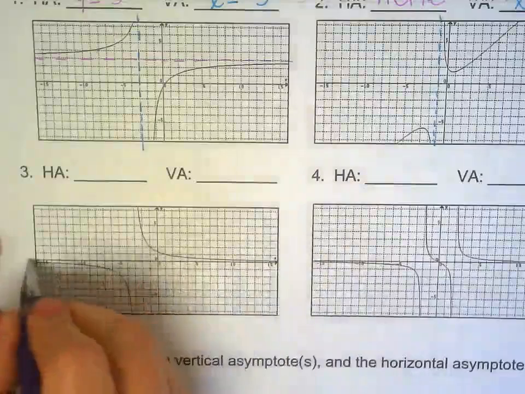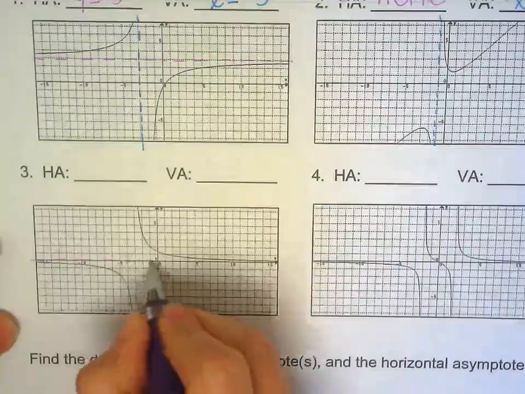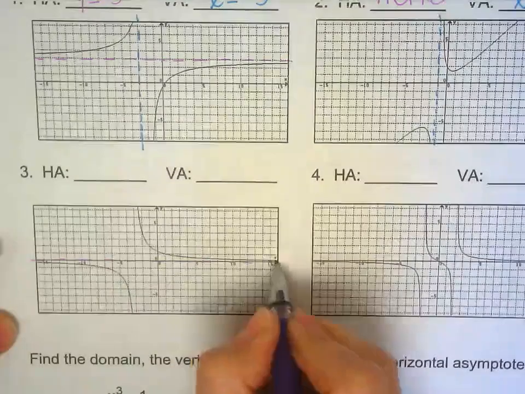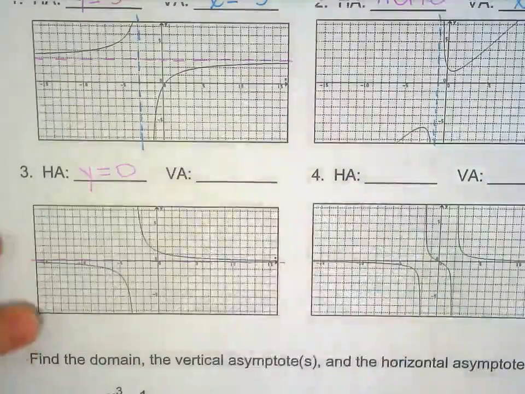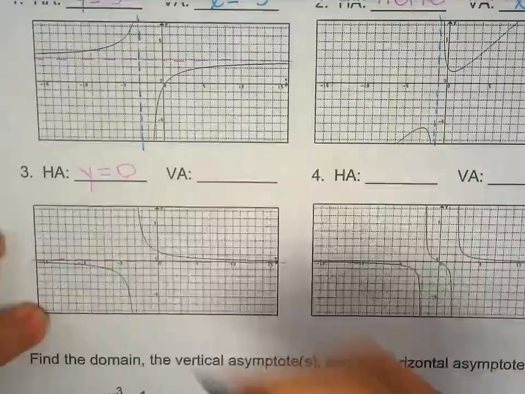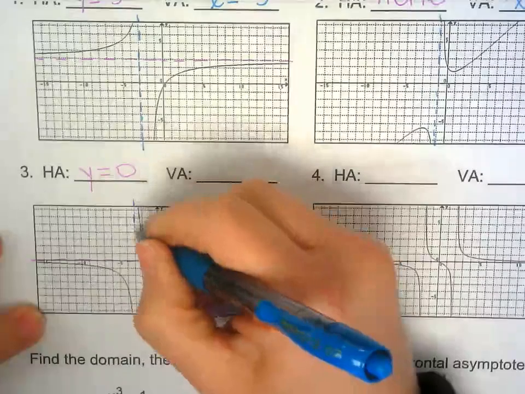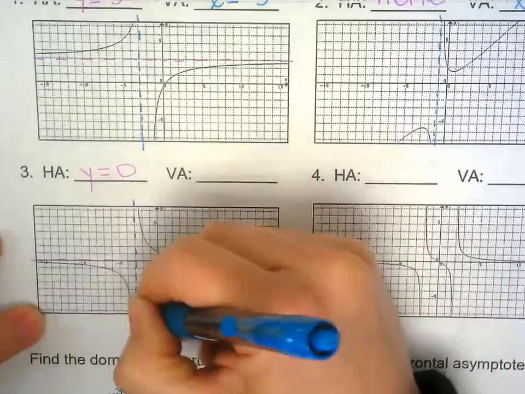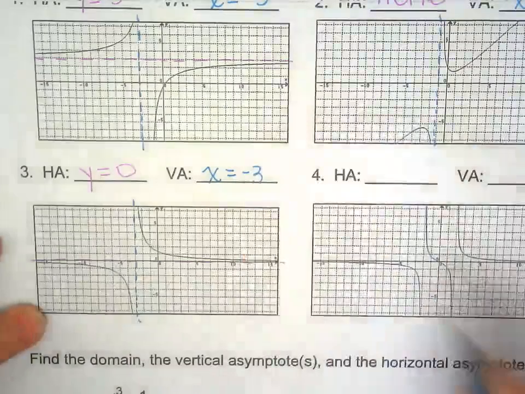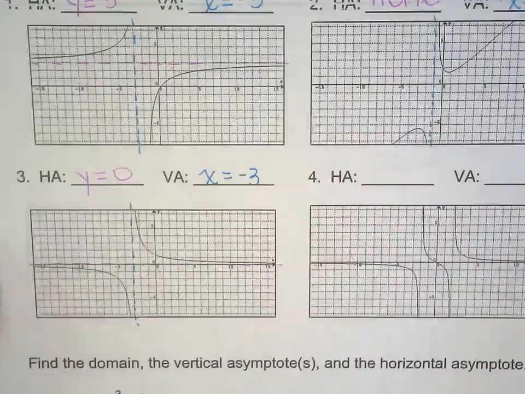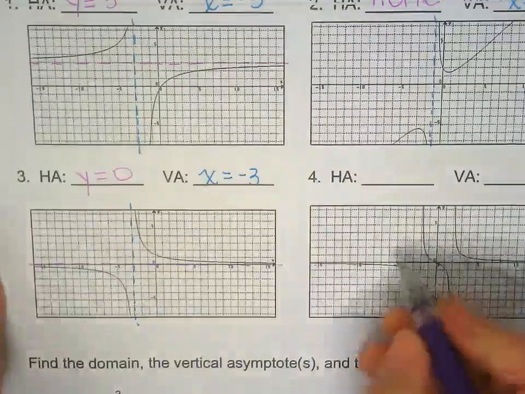Horizontal asymptote. It's a pretty little line that goes right through the x-axis. So y equals 0. Vertical, x equals 1, 2, 3. One more.